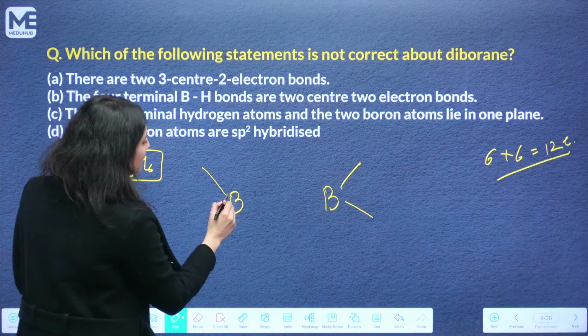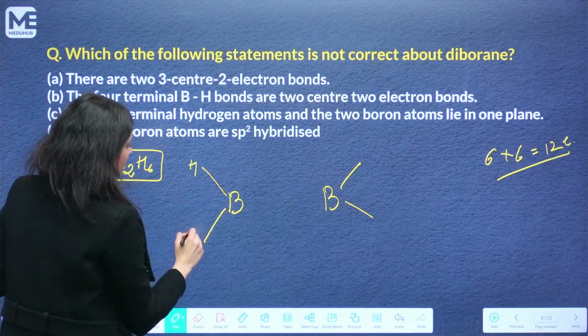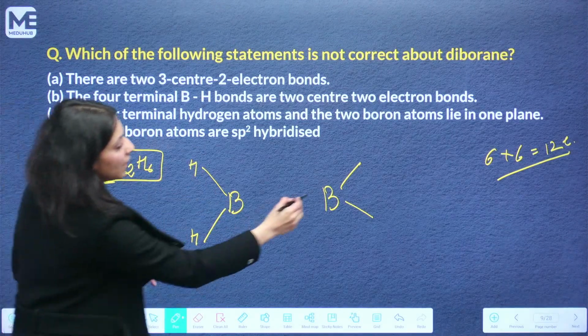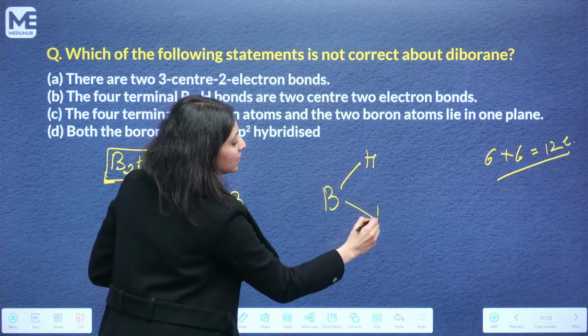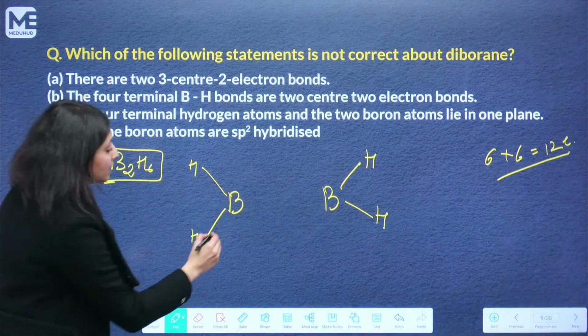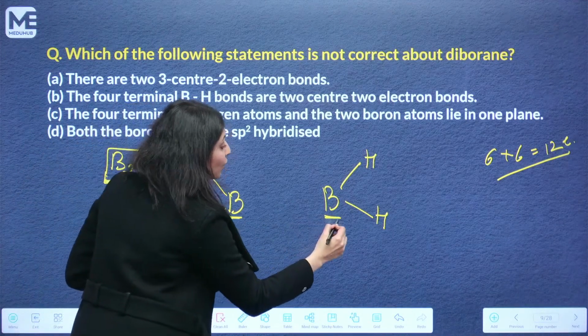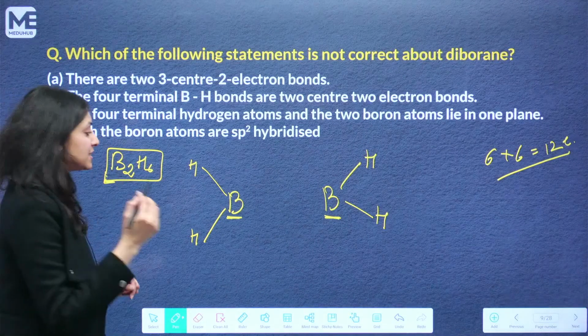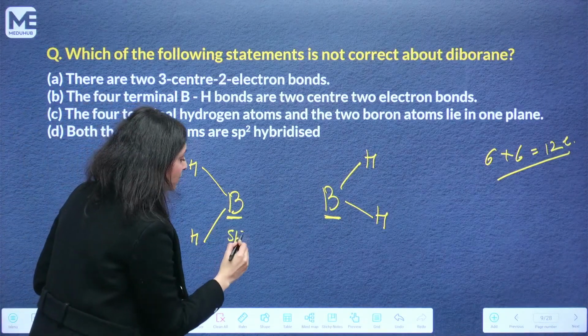We have boron which has normal covalent bonding with 2 hydrogens here. The other boron also has normal covalent bonding with 2 hydrogens. But these 2 borons are not sp2 hybridized, like in BF3 or BCl3. These are now sp3 hybridized.